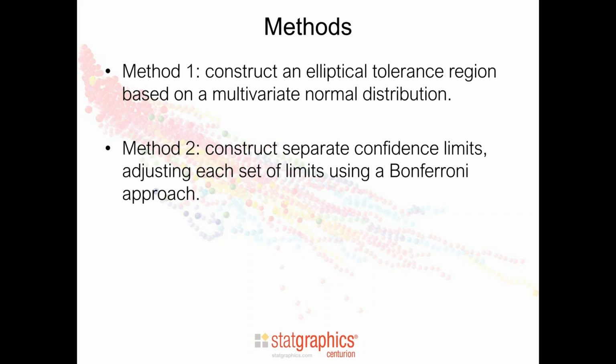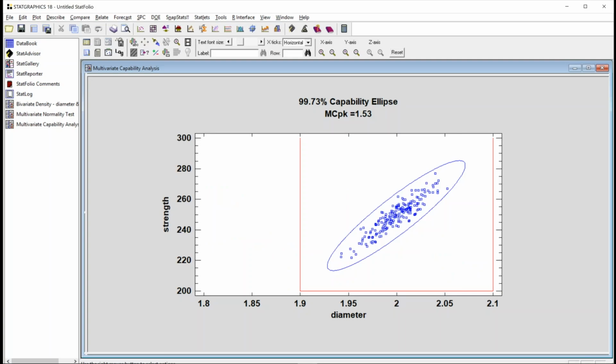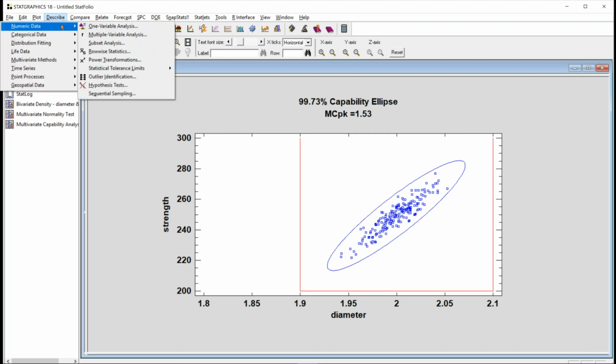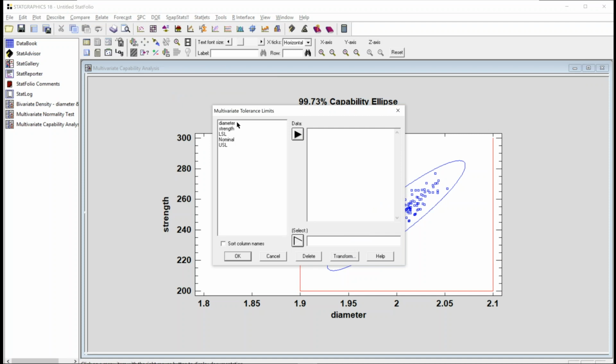Let's go ahead and take a look at that. You'll see it's fairly easy to do. To do it, I need to go to Describe, Numeric Data, Statistical Tolerance Limits, Multivariate Tolerance Limits. I'm going to put in diameter and strength.